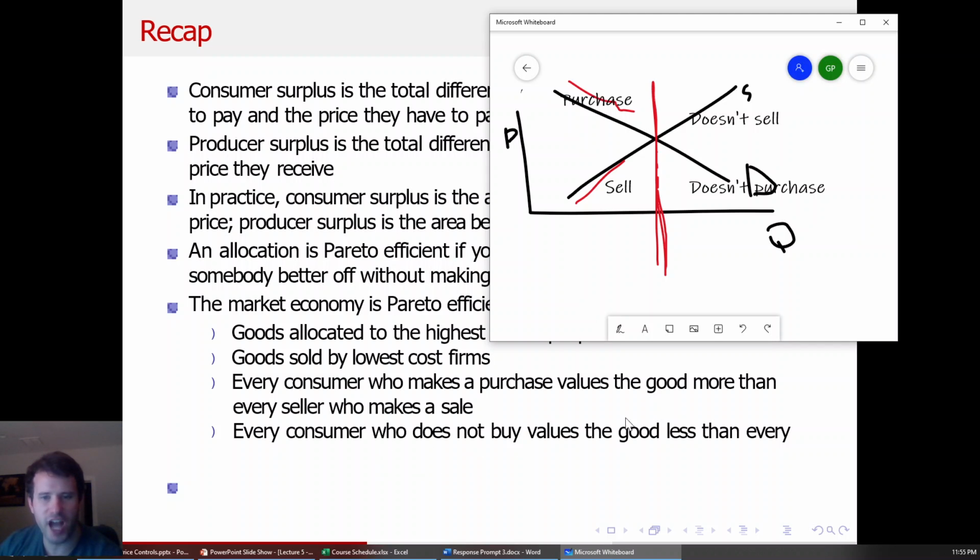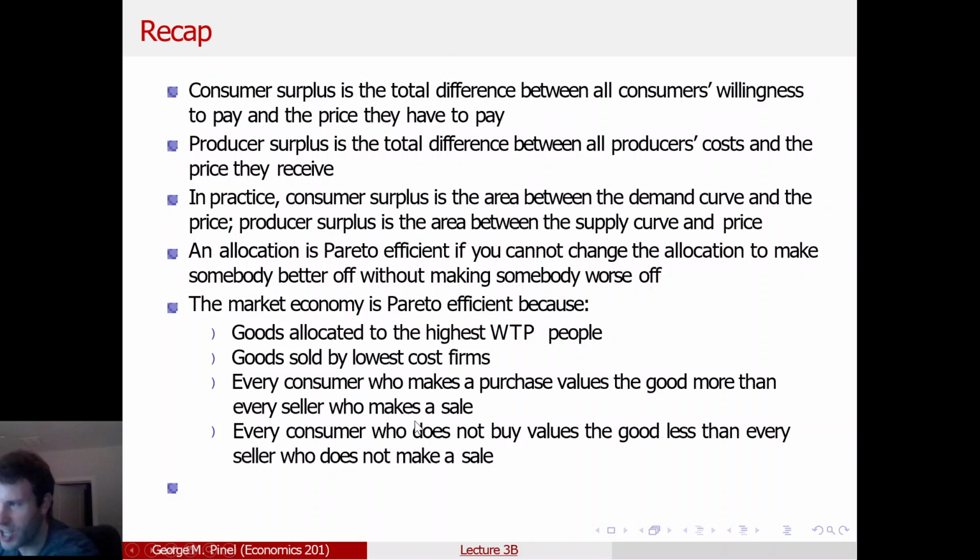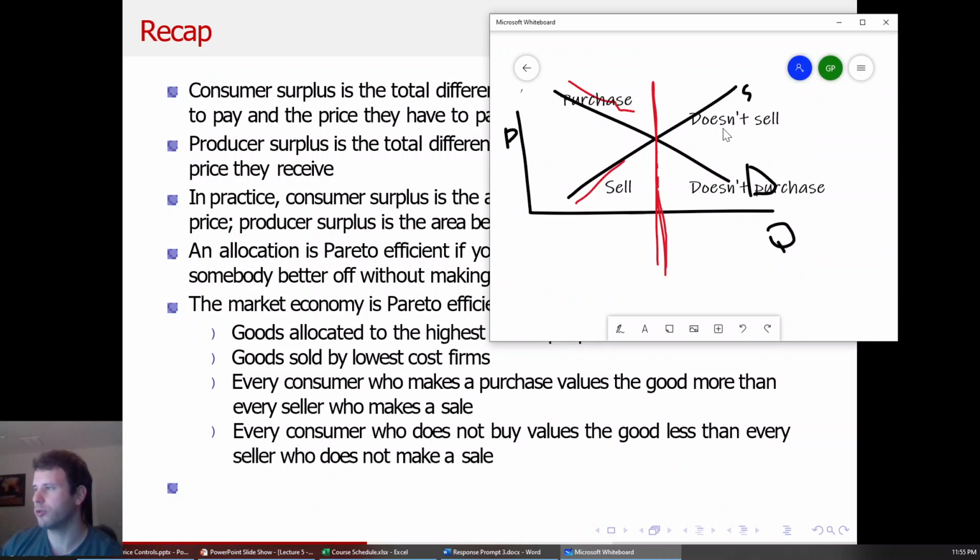Every consumer who does not buy the good values the good less than every seller who does not make a sale. So this is the willingness to pay for the people who don't buy. This is the willingness to sell, or the cost, for everybody who doesn't sell. So the costs are higher for everybody who doesn't sell than the willingness to pay for everybody who doesn't purchase. Okay, so if the cost is higher than the willingness to pay, you're not going to want to sell it.